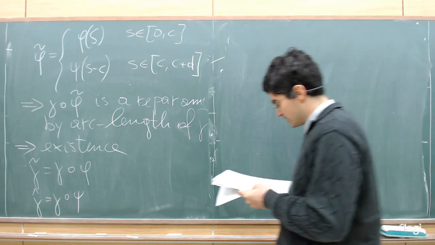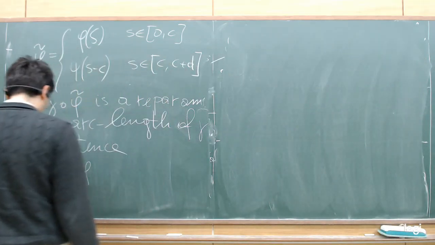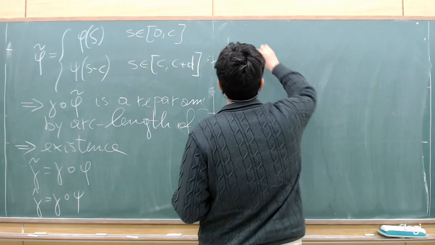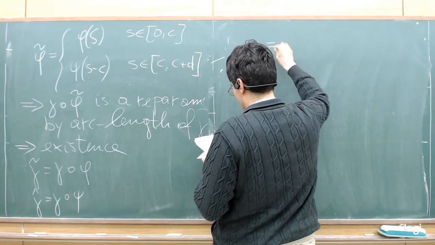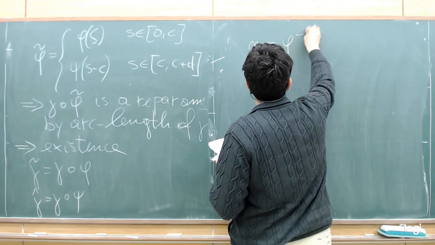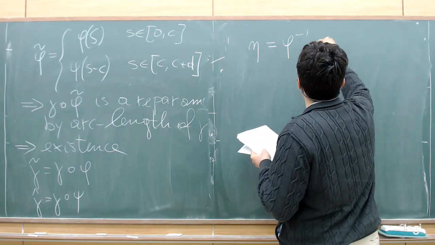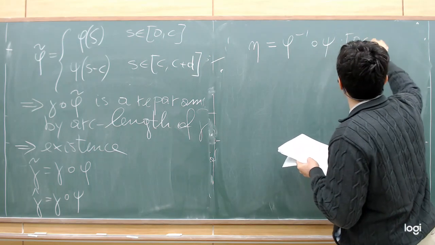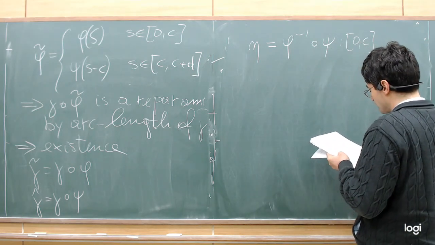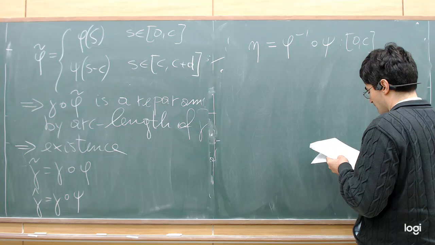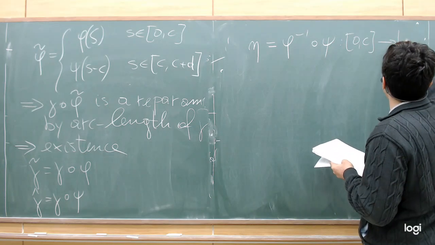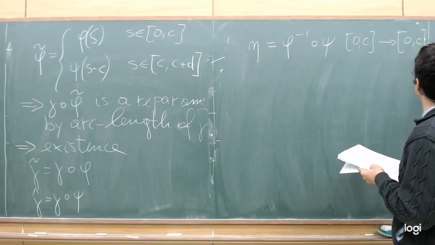The idea is to consider the map eta equal phi inverse composed with psi between [0, C] and [0, C].